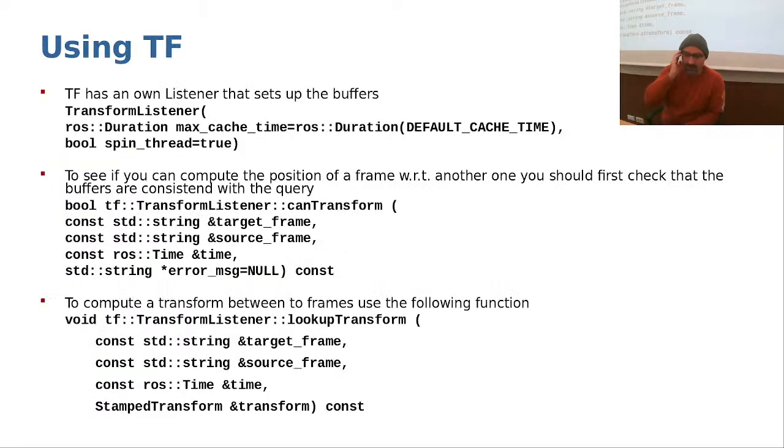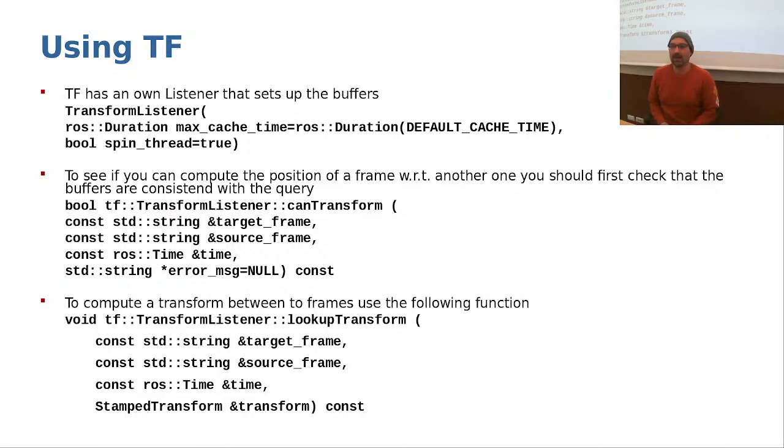How to use this device is quite straightforward. You declare an instance of an object called a transform listener. I don't know if it's the same with the new version, transform listener 2, but my message is: Google for transform listener.